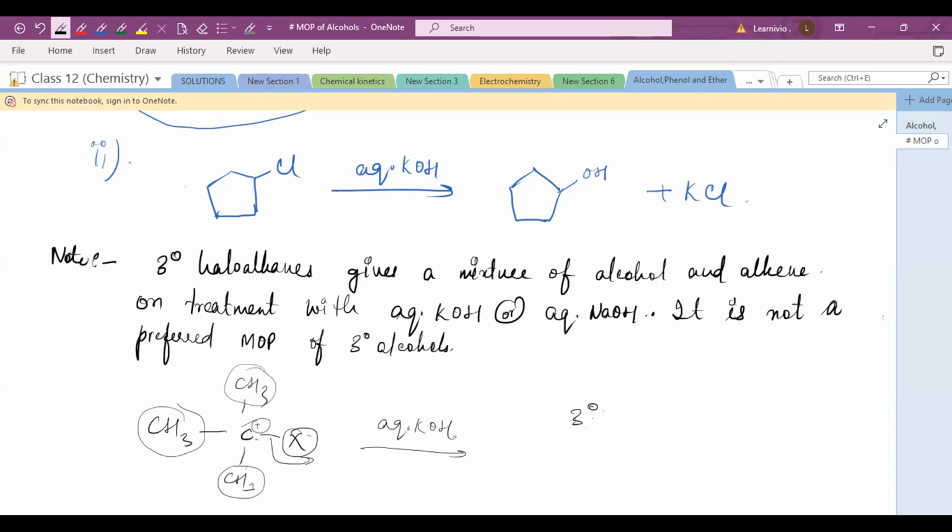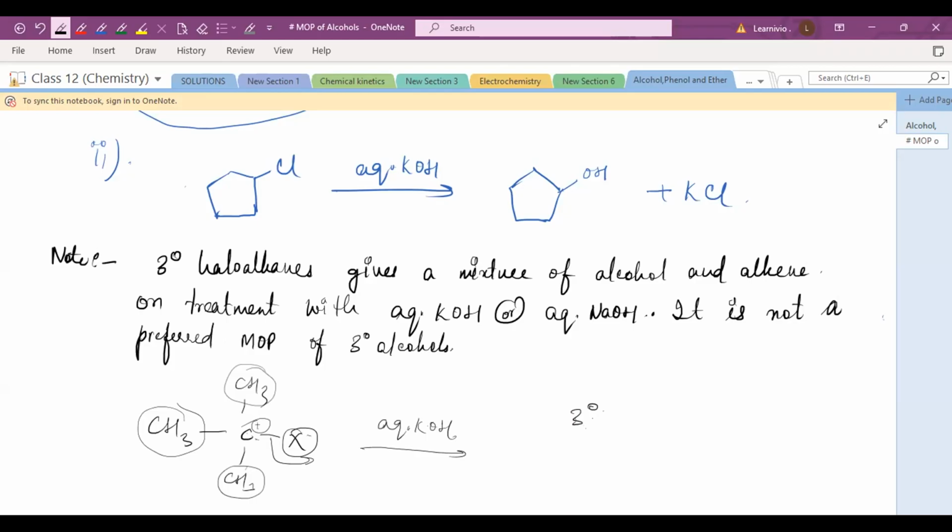You need only alcohol, so you will need further purification because you are getting mixtures. You will not get the required product, as you only want to make alcohols, not alkenes. This is a method of preparation, but it is not preferred.